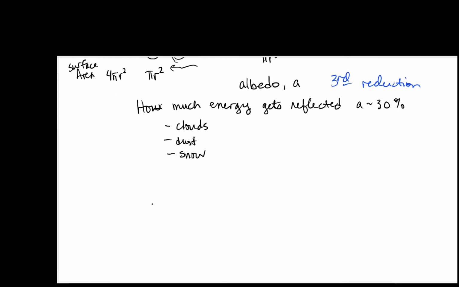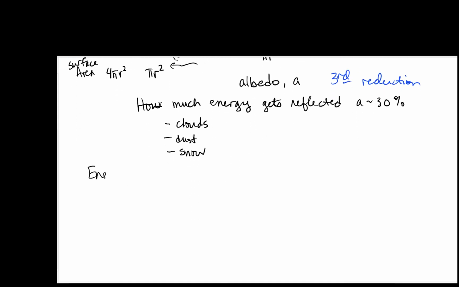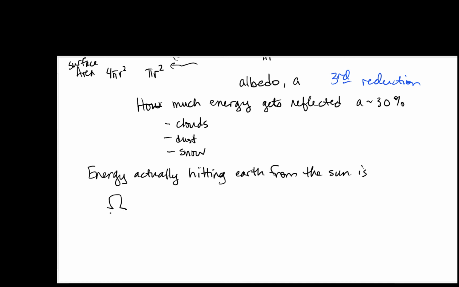So that means that the energy actually hitting the Earth from the sun is the solar constant divided by 4 and multiplied by the fraction of the albedo that's left.